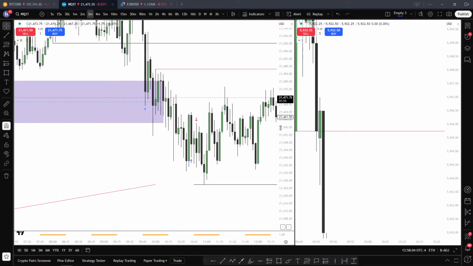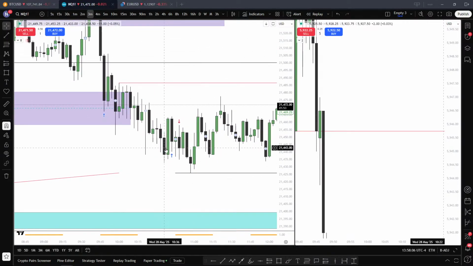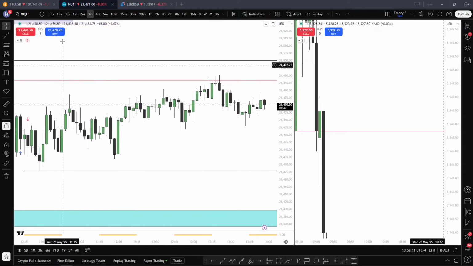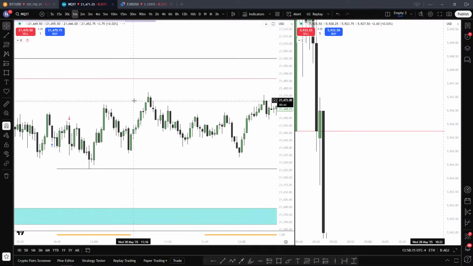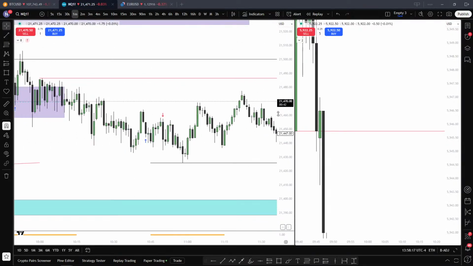Yeah, no, it was a 3 minute order block. So we created this order block, we souped these lows, created this order block, so we just executed off this order block here. This was a break-even trade, so it wasn't a loss, but I made it super clear that on a day like this, with that choppy price action, I would never ever ever enter into a trade like that.